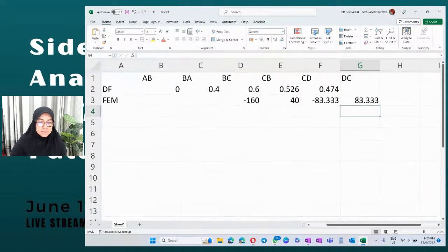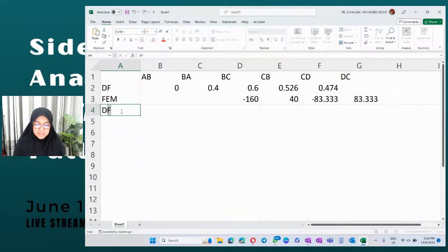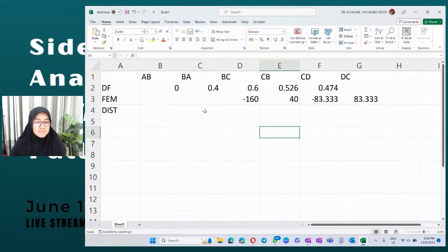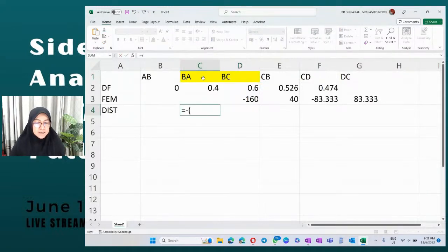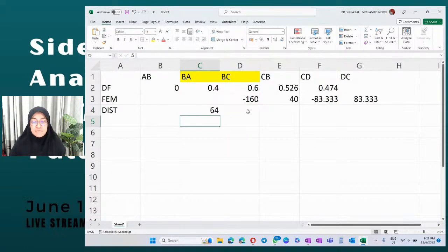Okay, the first step is distribution. Total moment at B means BA plus BC. BA 0 plus BC times the factor. So it is 64.